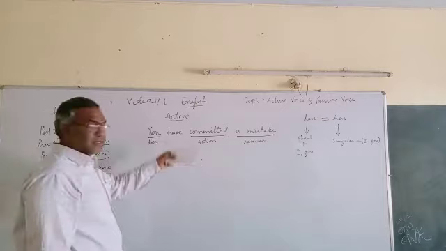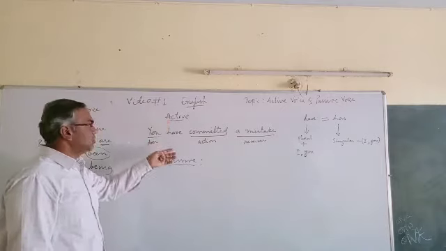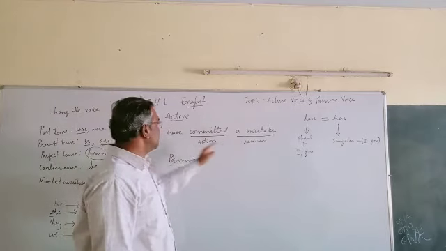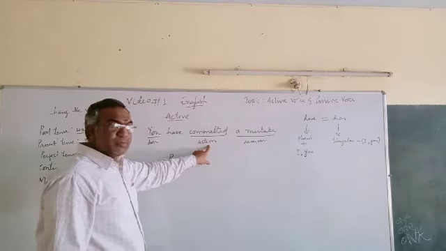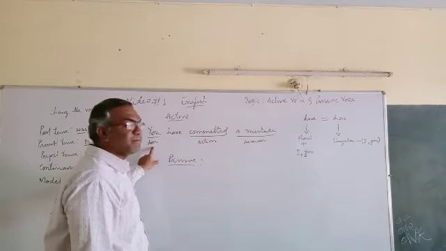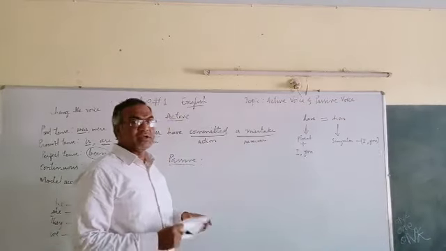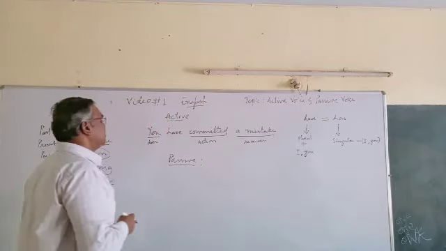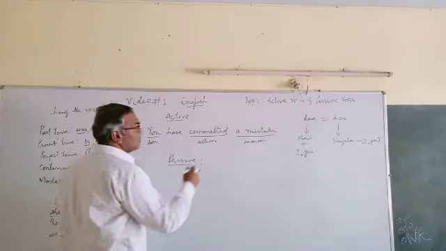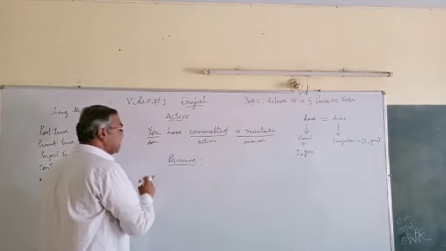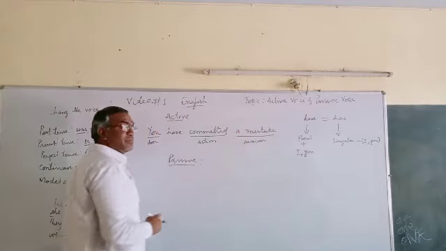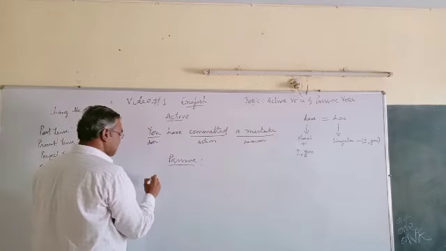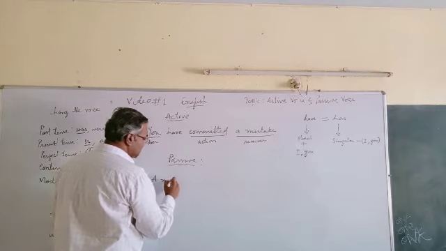Now, let's come back to our topic, active voice and passive voice. Here is the sentence: you have committed a mistake. Committed is the action, you is the doer, mistake is the receiver. Now, let's see how to change it. Passive voice begins with the receiver of the action. Here the receiver is a mistake.